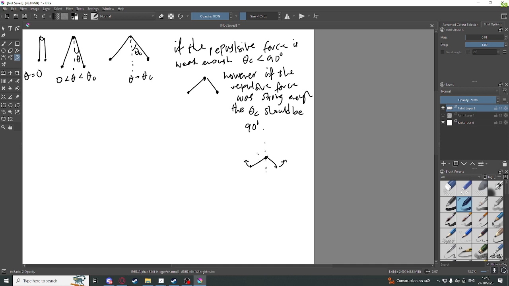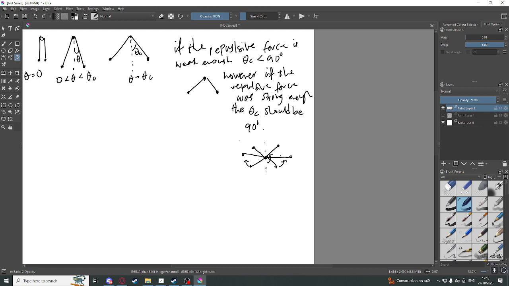However, once it goes past 90 degrees, they would experience repulsion again, and so they would fall back, I think, eventually to 90 degrees.